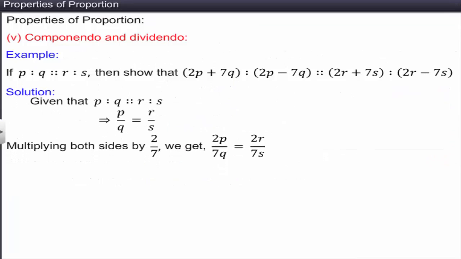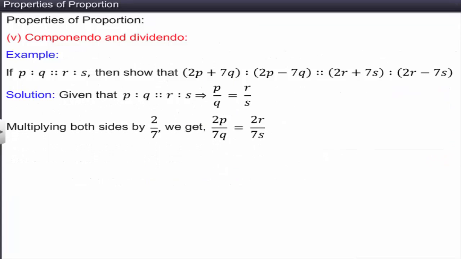Now, applying the property of componendo and dividendo, we get 2P plus 7Q divided by 2P minus 7Q is equal to 2R plus 7S divided by 2R minus 7S.